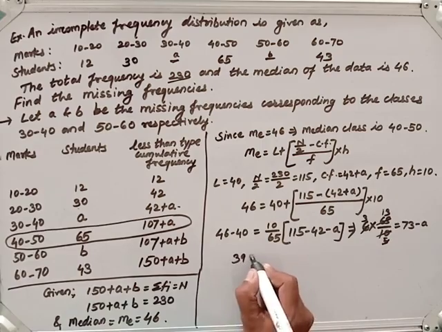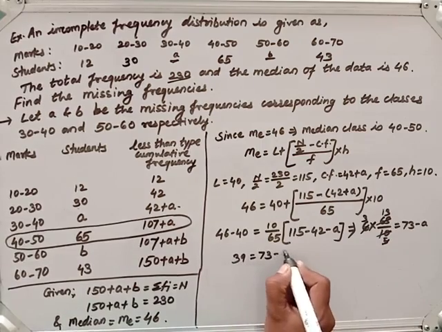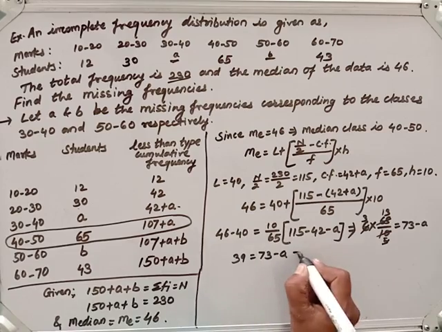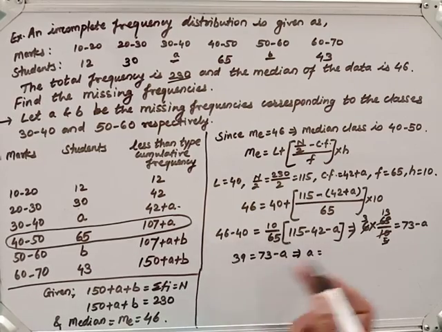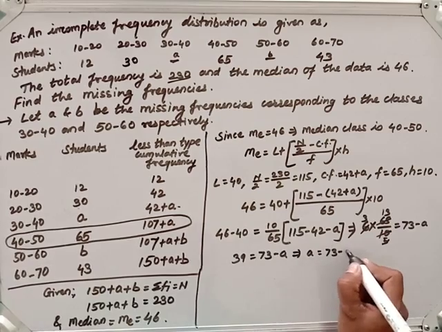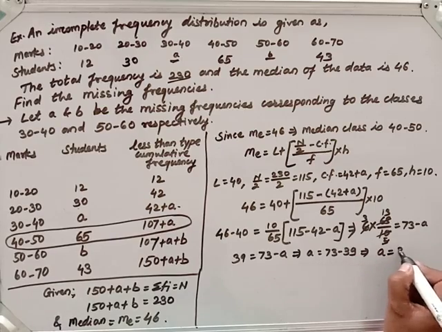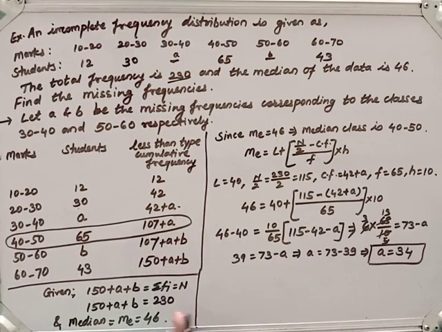So 39 is equal to 73 minus A. Now take this A to this side, 39 to the other side. So A will become positive and 39 will become negative. 73 minus 39 gives the value of A as 34. The value of A is 34.